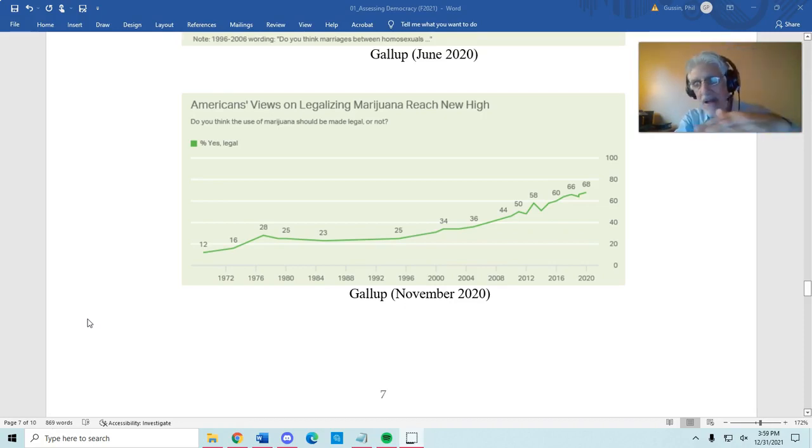Although there's been a dramatic change in public opinion, as you can see, from 1970 to 2020, marijuana at the federal level is still considered to be a Schedule 1 drug, and it is still not legal at the federal level. Well, does this mean the proponents of majoritarian democracy are wrong?